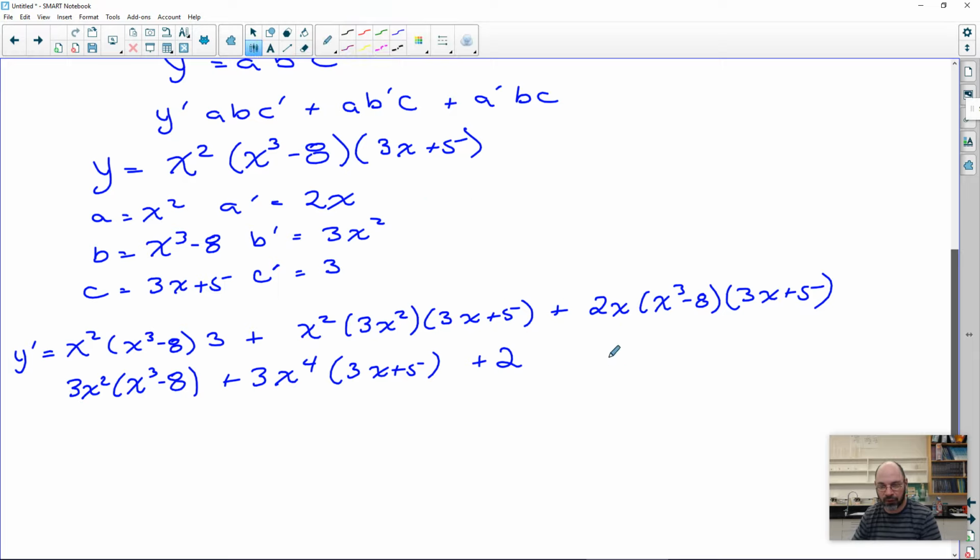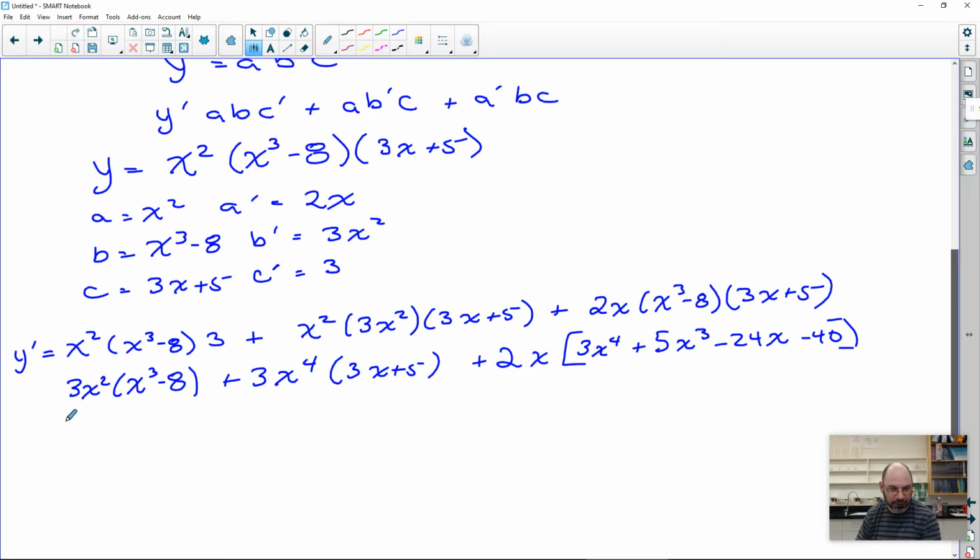This is typically where you can make a silly error by forgetting something. I do quite often, actually, so keep an eye on me. 3x to the 4th, if you multiply those two, and then plus x to the 3rd, plus 5x to the 3rd, minus 24x, minus 40.